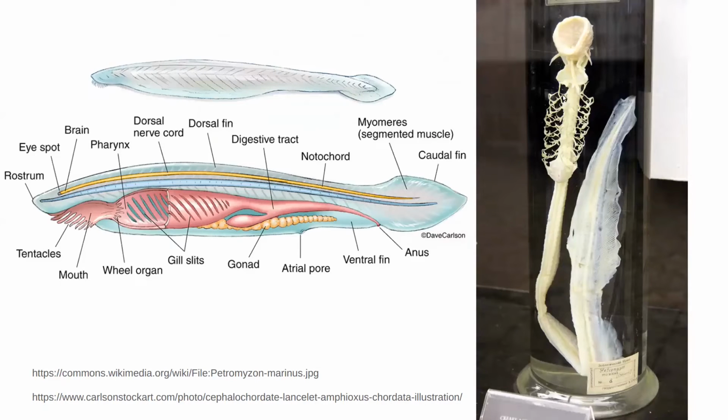This is a lamprey. Lamprey is a kind of fish that has no jaws. It just has a big sucker on the front. This sort of beautiful basket-like thing is the equivalent of the gill slits of the lancelet, but it doesn't use them to extract food. It only uses them to get oxygen out of the water.